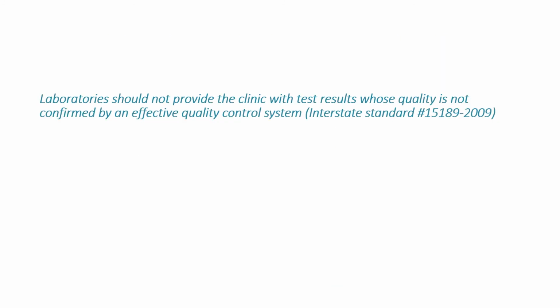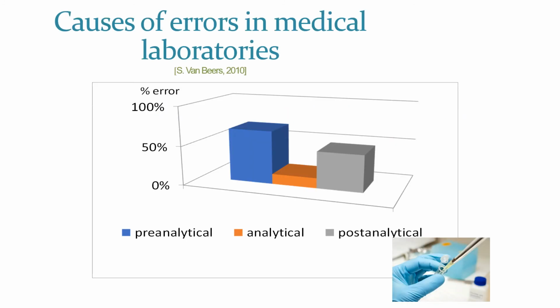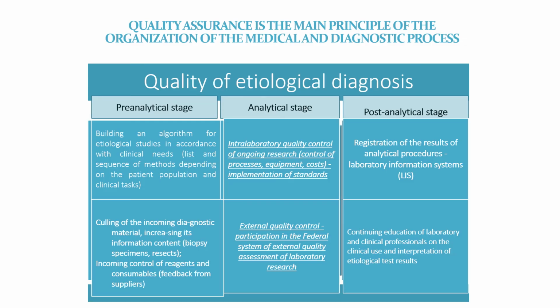Laboratories should not provide the clinic with test results whose quality is not confirmed by an effective quality control system. Causes of errors in medical laboratories include pre-analytical, analytical, and post-analytical stages. Quality assurance is the main principle of the organization of the medical and diagnostic process.